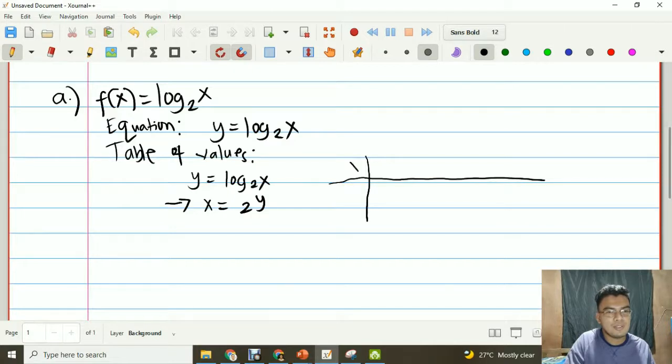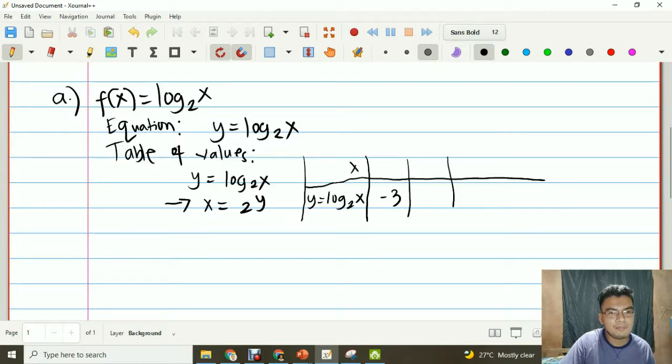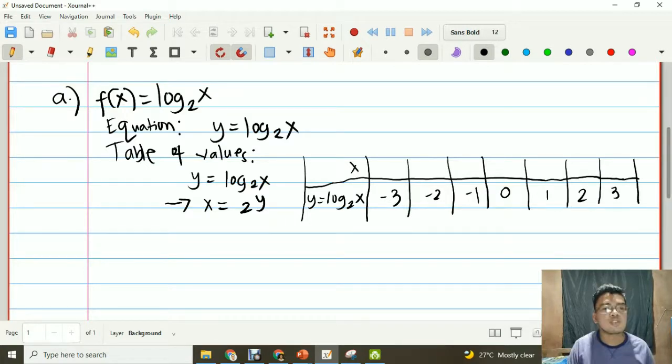So, this will be x, and then this will be log base 2 of x, or yan yung y natin. Y is equal to, we have here negative 3, negative 2, negative 1, followed by 0, 1, 2, and 3.